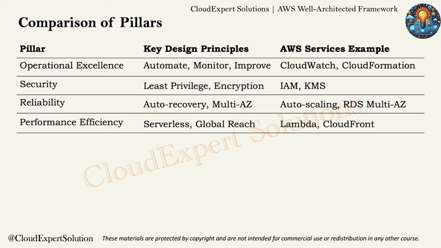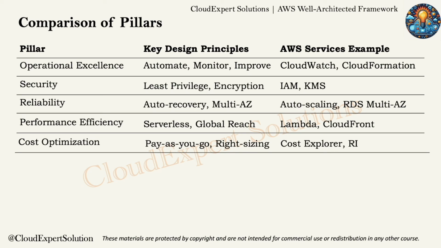Moving to performance efficiency, the key design principles are you should go serverless and global reach. For this, you can use AWS Lambda and Amazon CloudFront, followed by cost optimization, where you can go pay as you go where possible, and right sizing. You can use Cost Explorer to explore your cost and the estimates.